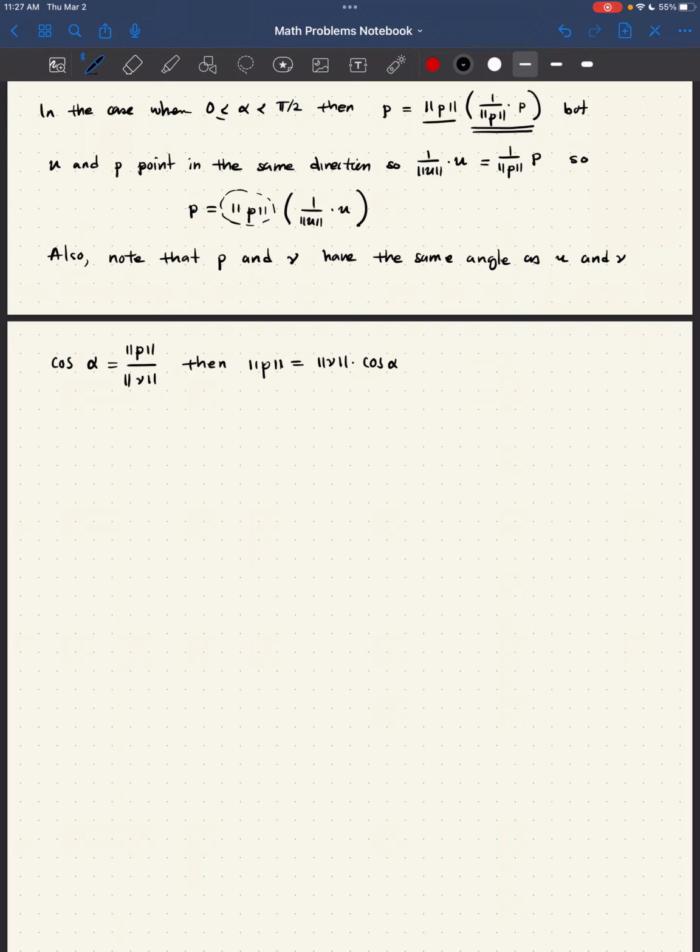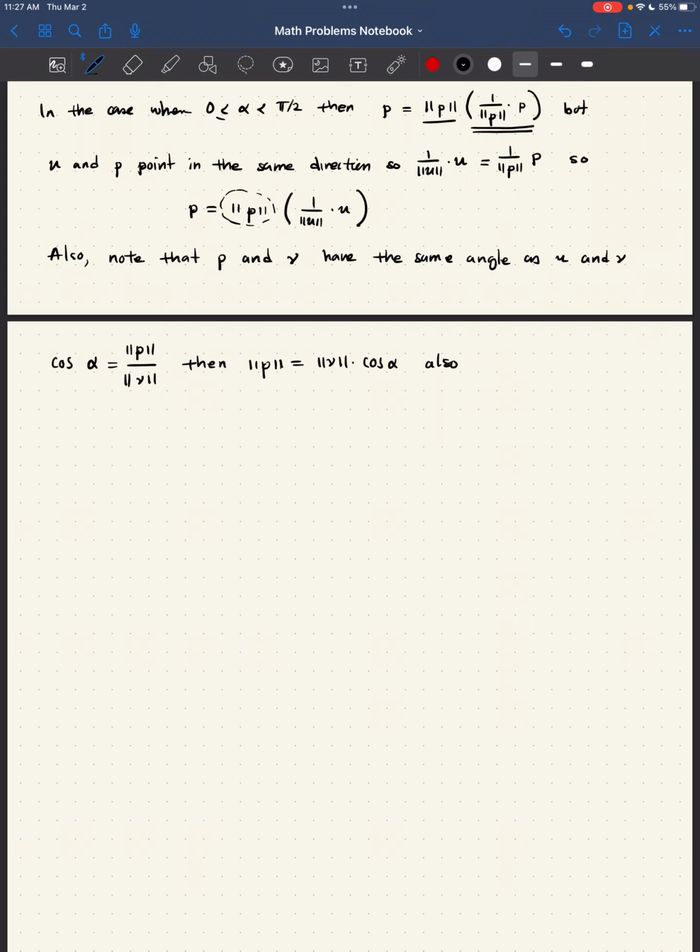Now, there's one more thing. We're almost done. But for this one, I'm going to ask you to recall some prior knowledge. There is a relation between the dot product of two vectors and the cosine. And what would be that relation? Well, it is this one.